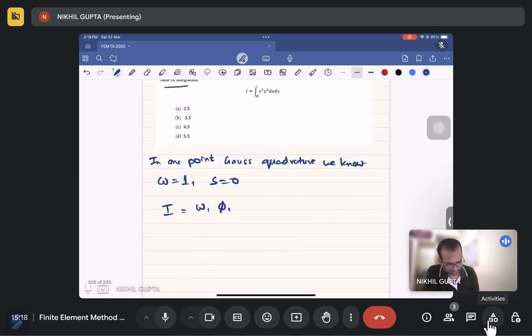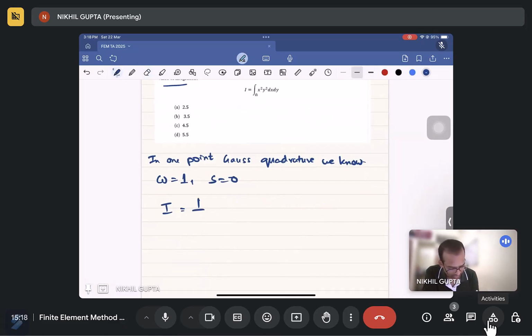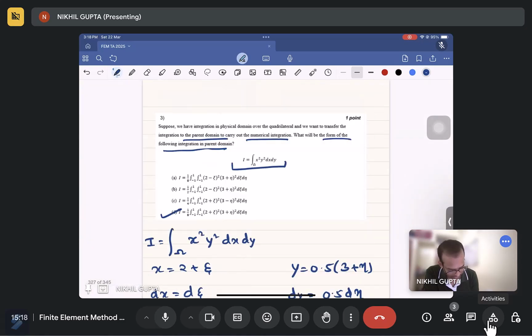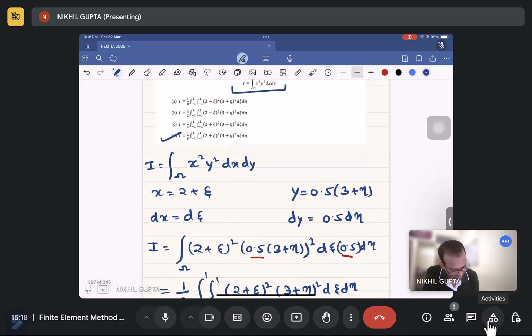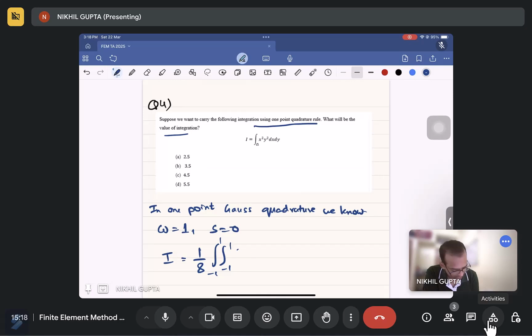So I is 1 by 8, then integration -1 to 1, -1 to 1, 2 plus xi whole square and 3 plus neta whole square d xi d neta.